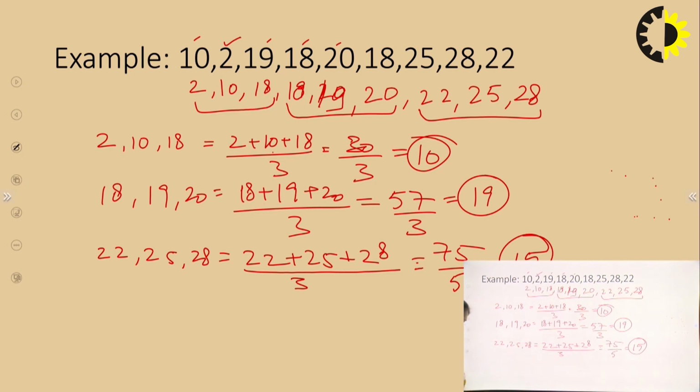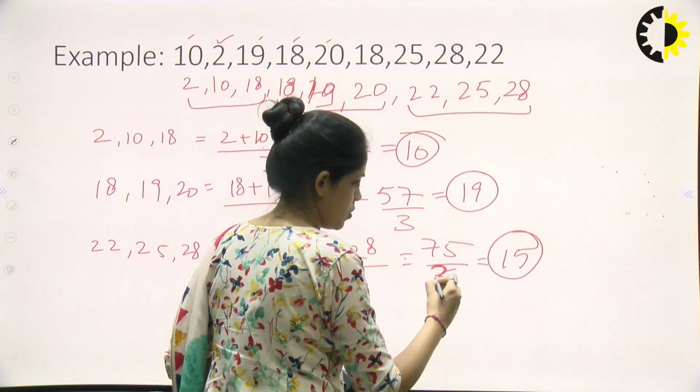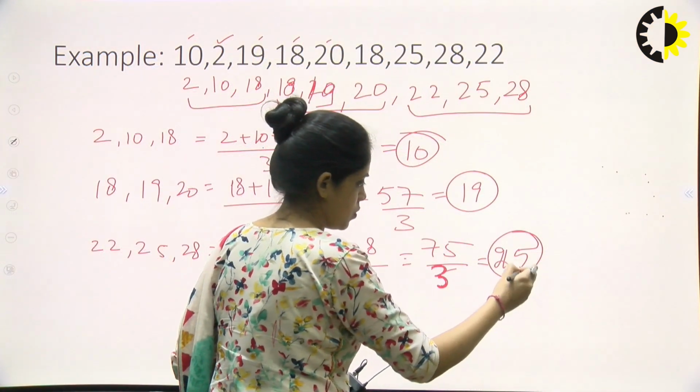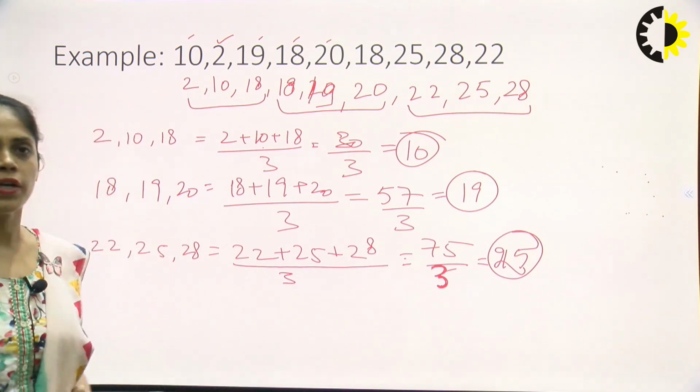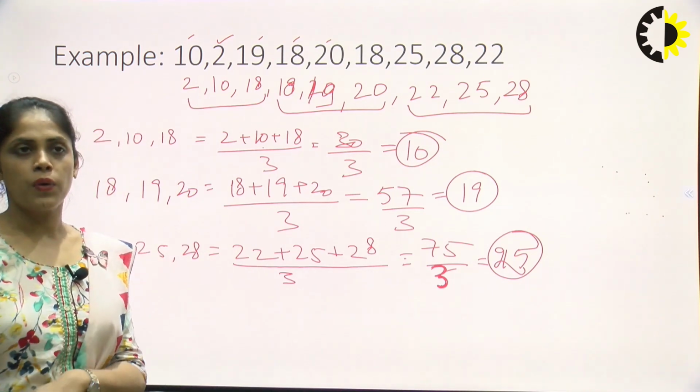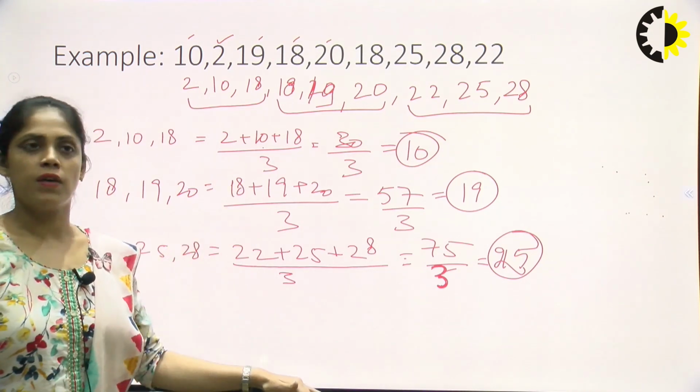It is 25. All right. So like this, we have these 3 mean values.